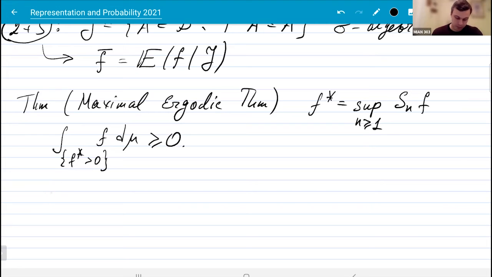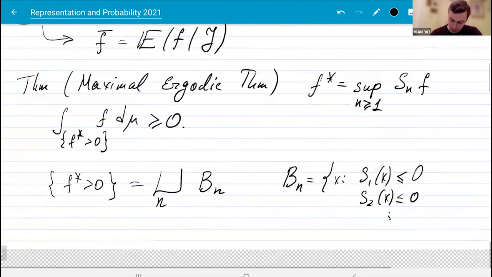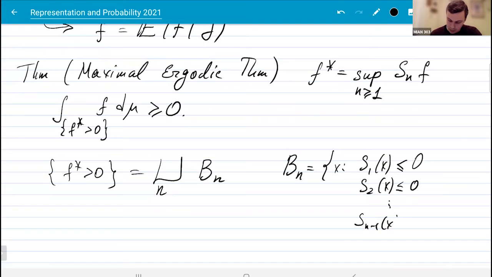This set is a disjoint union over all n of the sets Bn, where Bn is the set of all x such that S1 of x is non-positive, S2 of x is non-positive, and so on up to Sn minus 1 of x, and only Sn of x is positive.